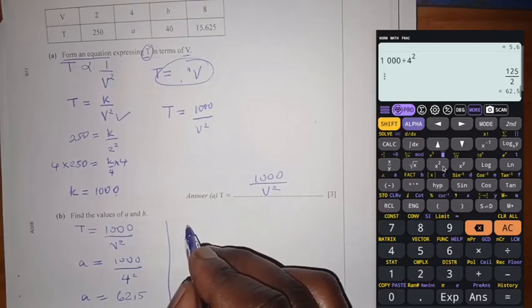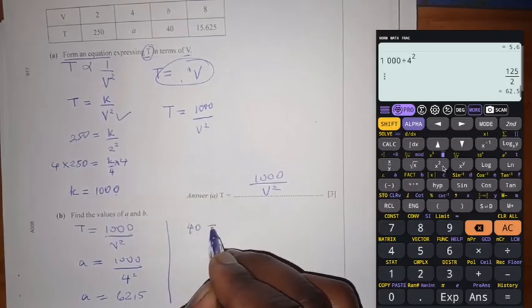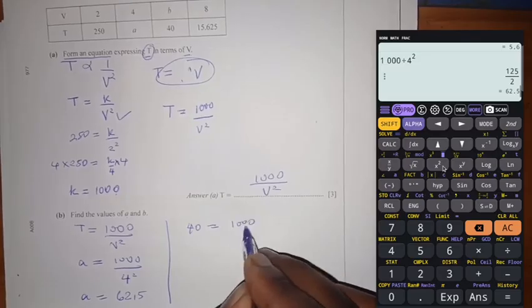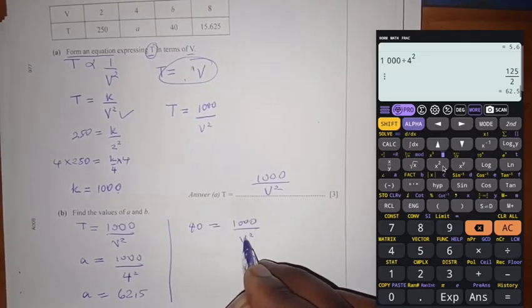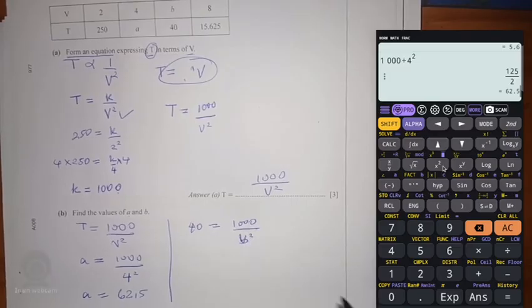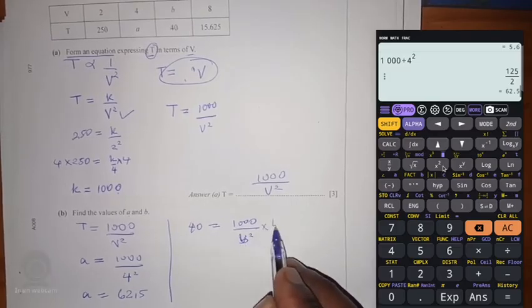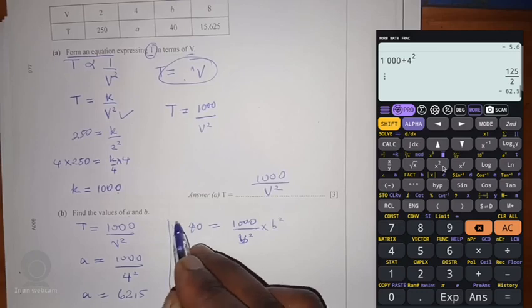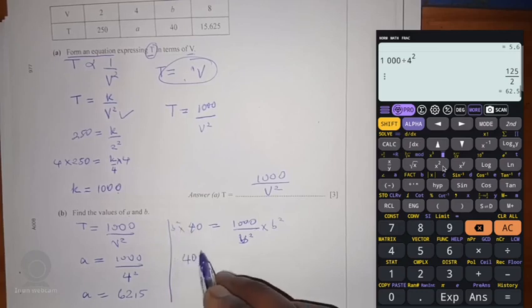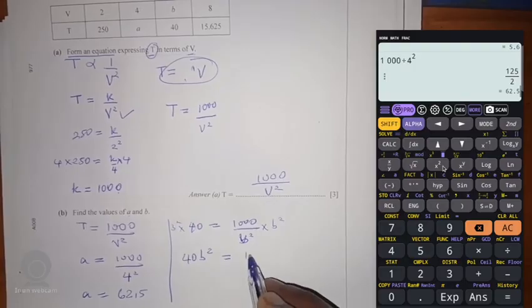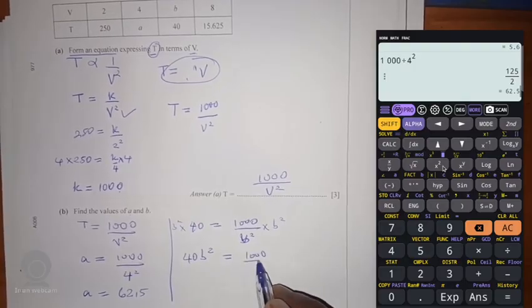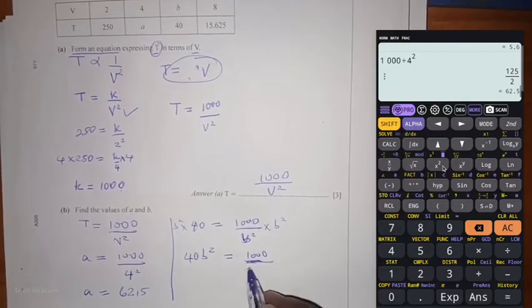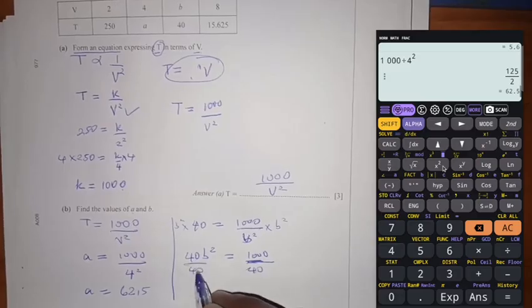About the other one, B. So when T is 40, V is B. Let's find V. 40 equals 1000 over B squared. So B squared times 40 is equal to 1000. Now divide both sides by 40.